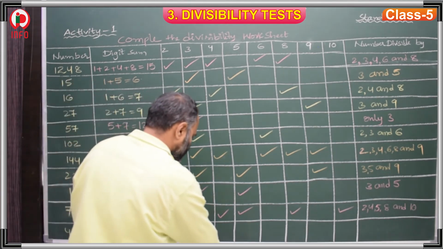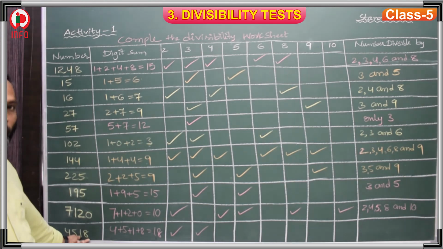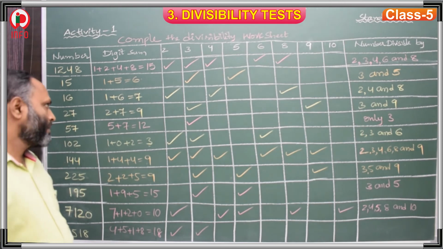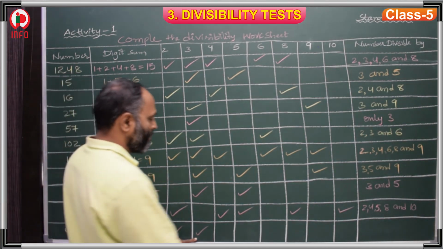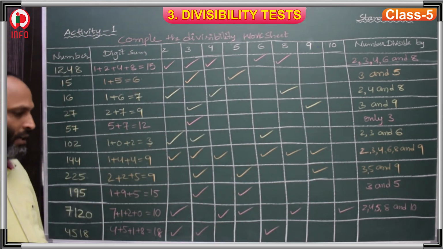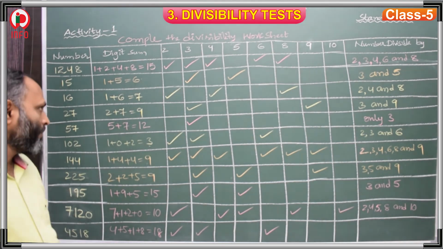For 4, the last 2 digits are not divided by 4, so it is not divided by 4. For 6, if the number is divisible by 2 and 3, then it is divisible by 6. For 5, there is no 0 or 5 in the last place, so it is not divided by 5.